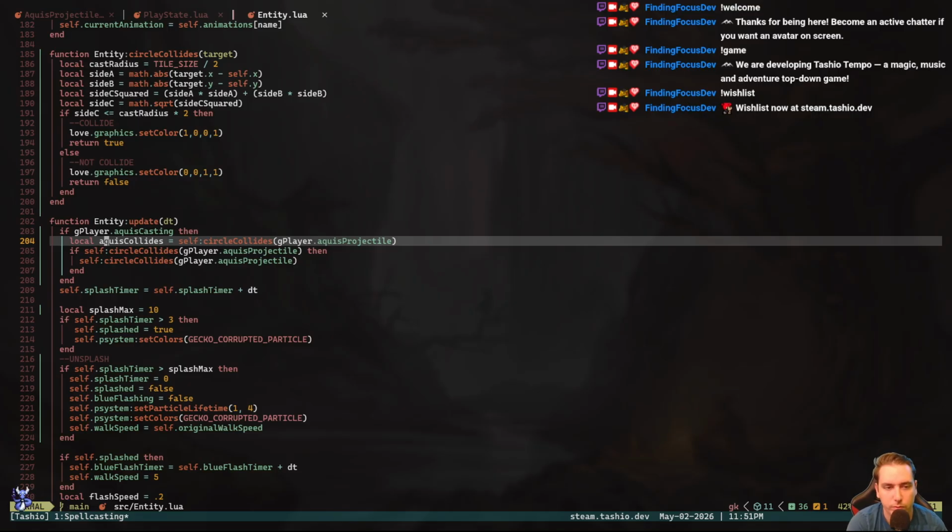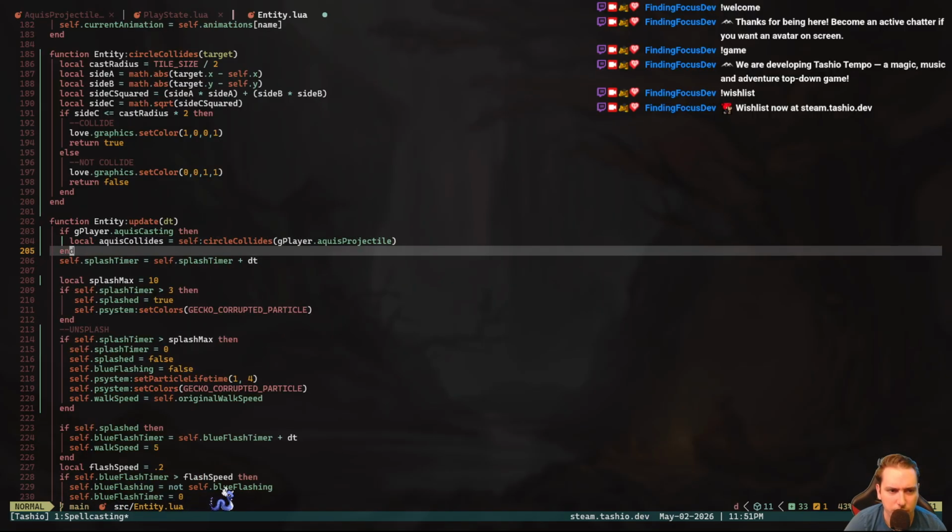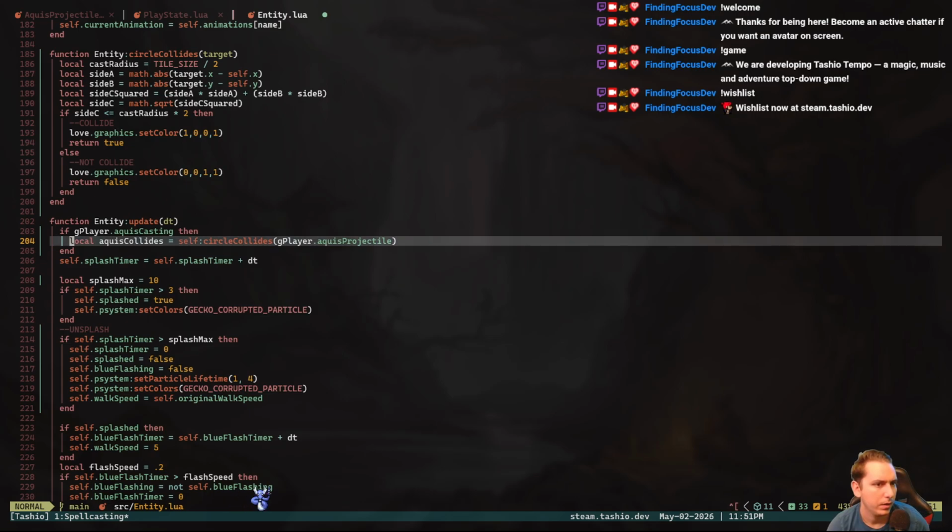So that true or false bool is being assigned into this aqueous collides. And then we have some junk we don't really need because we're just basically saying, well, if we're casting, then let's check if we collide. If we collide, we want to do something, which is trigger the splash on the gecko.